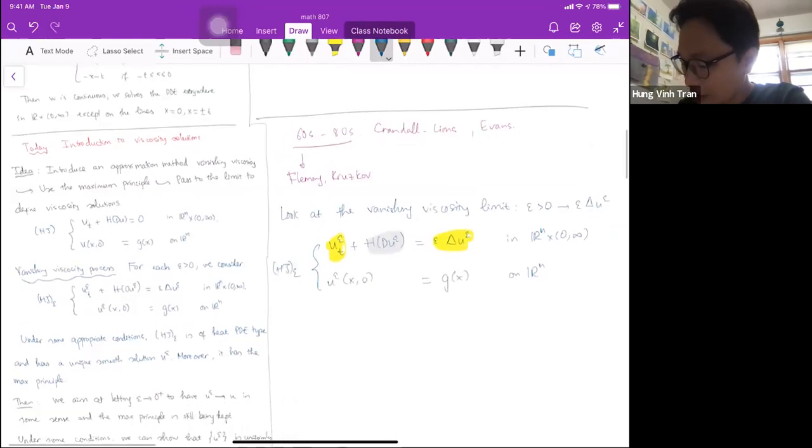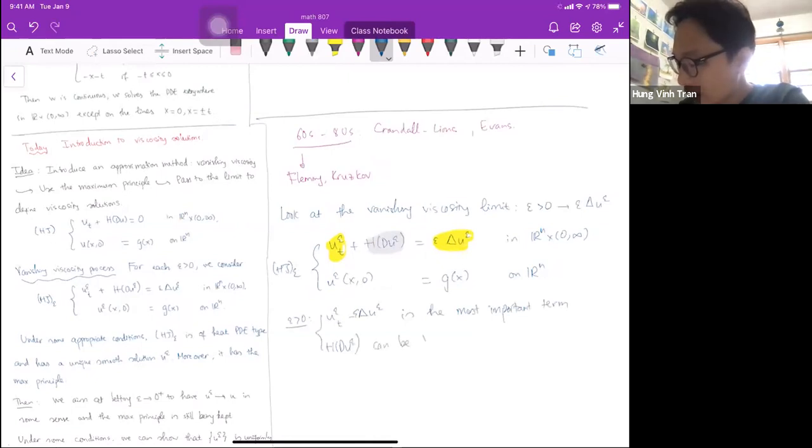Okay, again, for epsilon greater than 0, u epsilon t minus epsilon Laplacian of u epsilon is the most important term, and H of Du epsilon can be treated as a perturbation term.